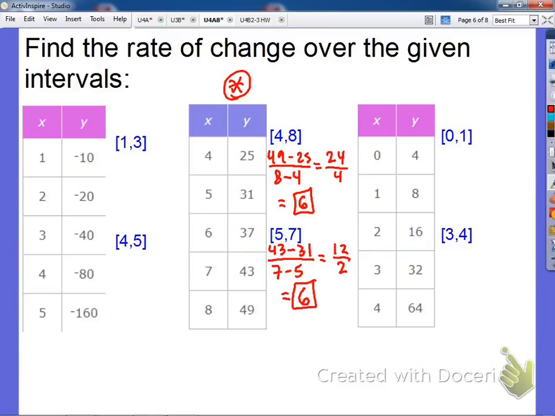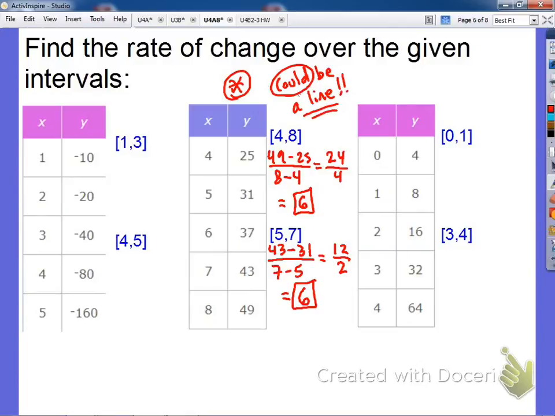What does this mean? I'm not looking at the graph. I don't know, but what if I see two of these that have the exact same rate of change? What could this potentially be a graph of? This could be a line. Could be.